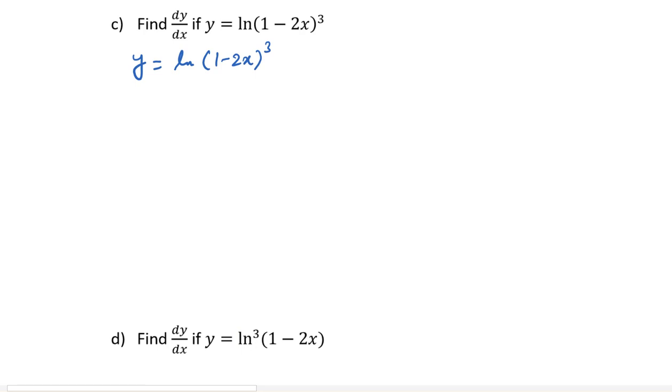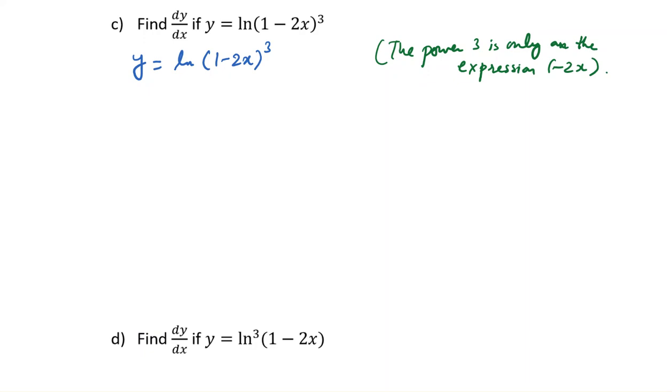In this case, the power 3 is only on the expression 1 minus 2x. So ln is our outside function and the power is our inside function.